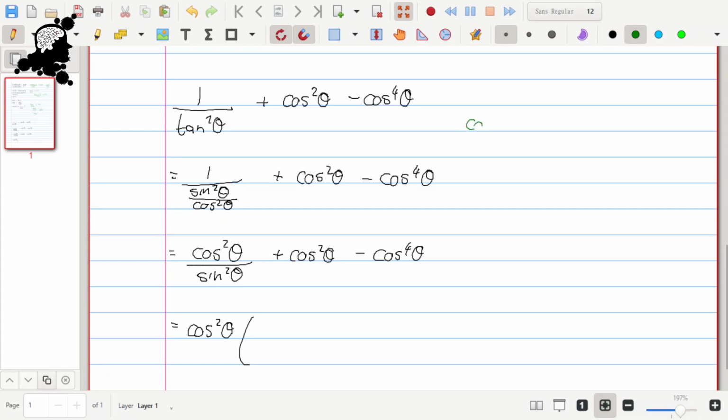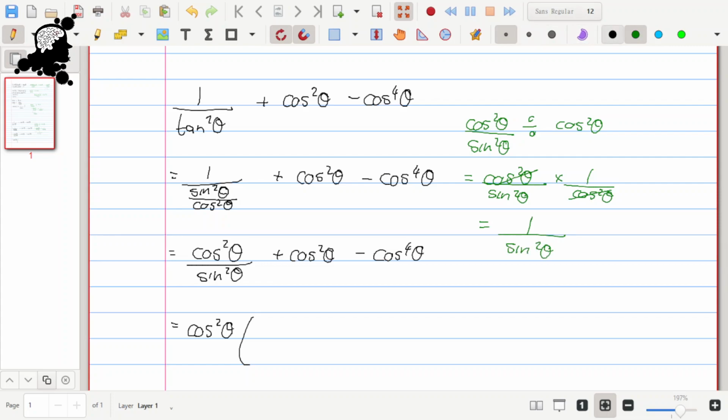If we take cos squared theta divided by sine squared theta and divide this by our common factor, which is cos squared theta, we end up with cos squared theta divided by sine squared theta multiplied by 1 over cos squared theta. The cos squared theta and the cos squared theta will cancel out. We will remain with 1 over sine squared theta.